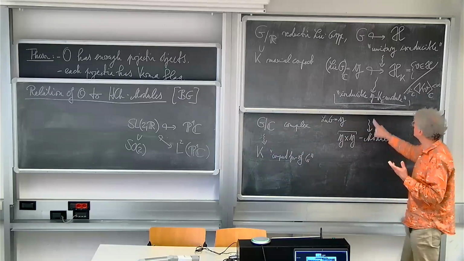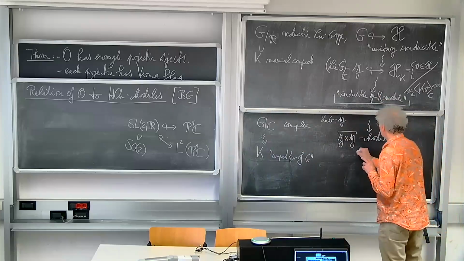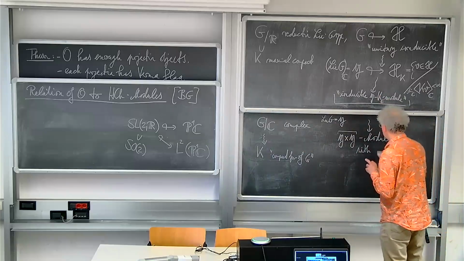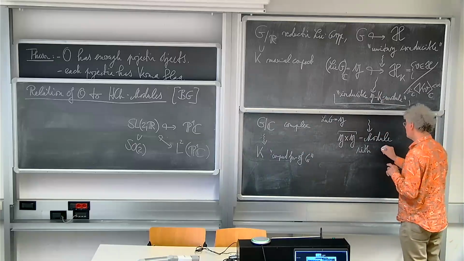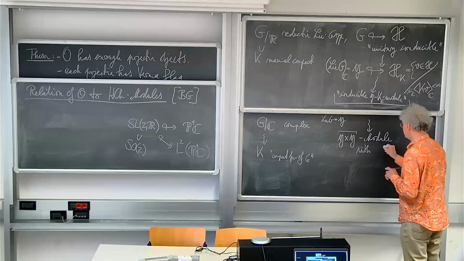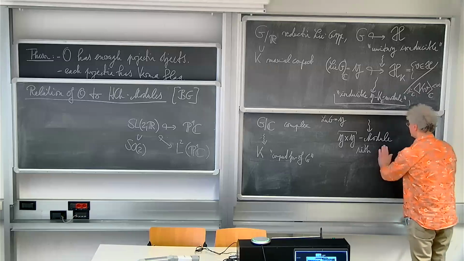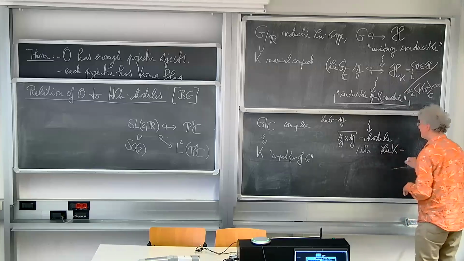And this action of K will say that the adjoint action is finite, with K being the diagonal copy.